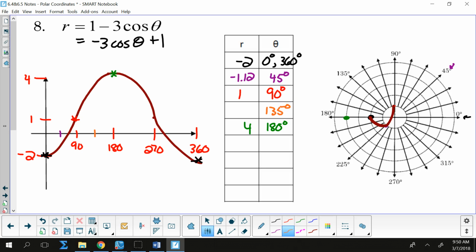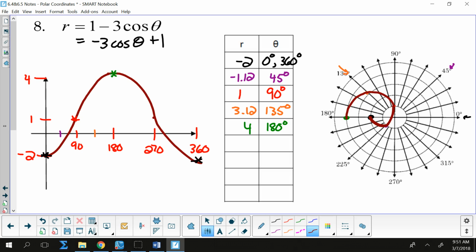Somebody using a calculator, 1 minus 3 cosines of 135 degrees. 3.12. So on this 135 degree ray, I need to go out 3.12 radiuses. 1, 2, 3.12 goes through there. So from my red point, I went to my orange point, and I went to my green point. Yes?